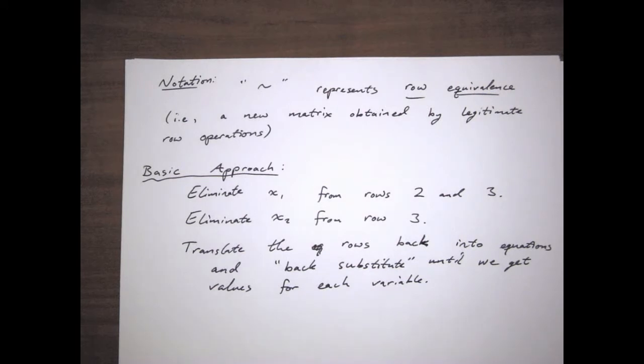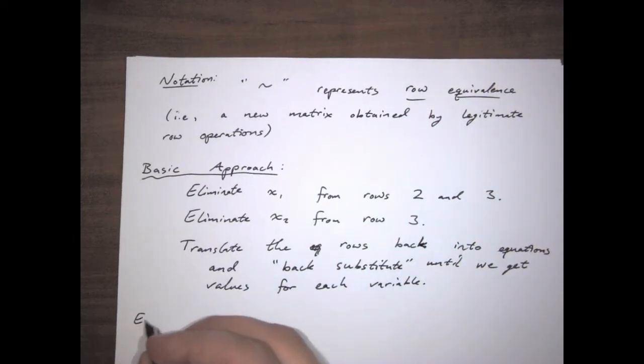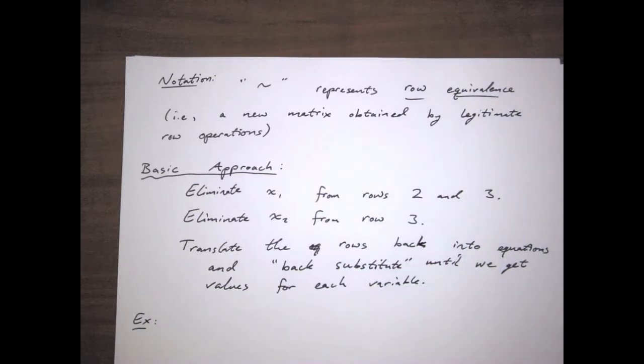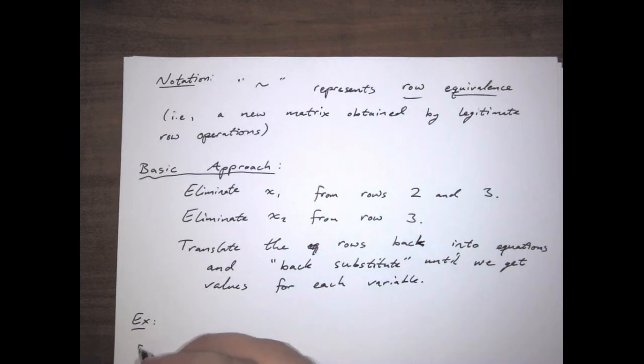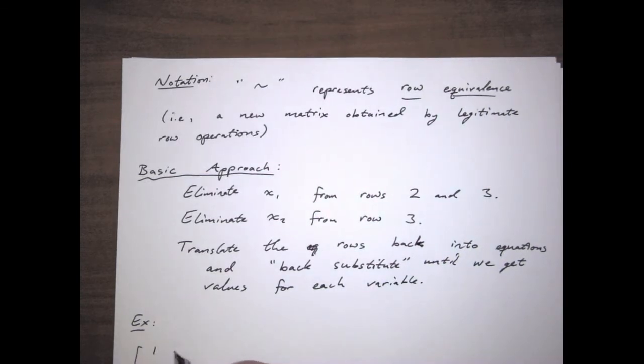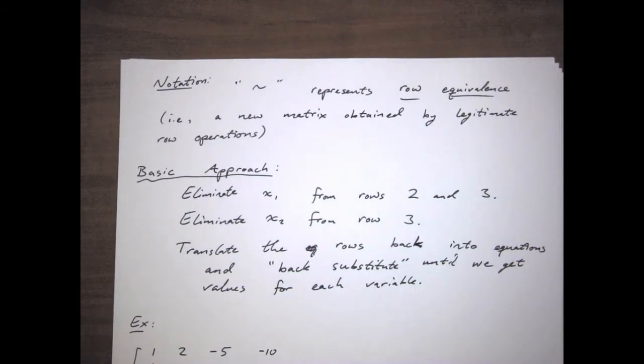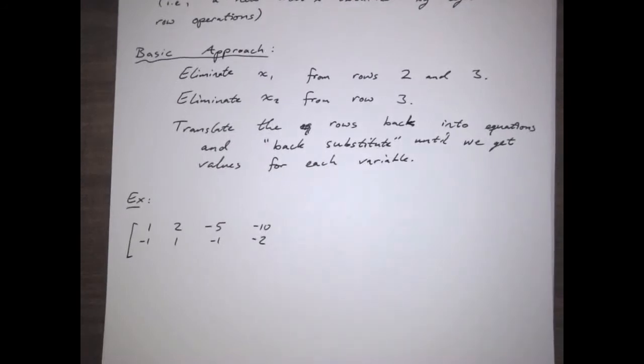Alright, so here we go. Back to the example. The matrix that we had here looks like this to begin with. So it was 1, 2, -5, then -10, then -1, 1, -1, then -2, and then what did we have next?